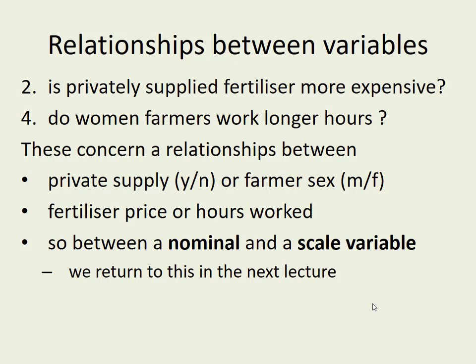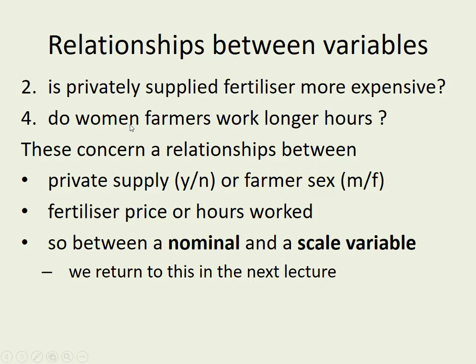Sometimes you've got one nominal, so category, and a scale variable. Here, hopefully you've seen that the cost of the fertilizer is a scale variable, but the way it's supplied, private or public, that's a category. So the nominal variable is this one, price of it is this one.